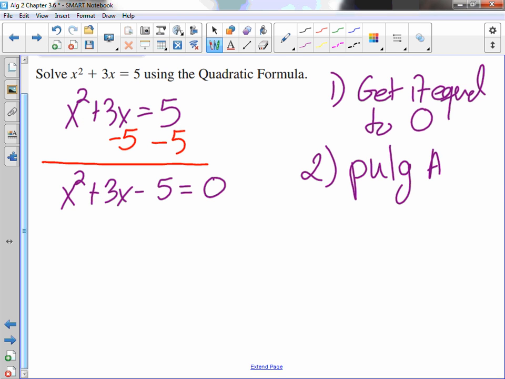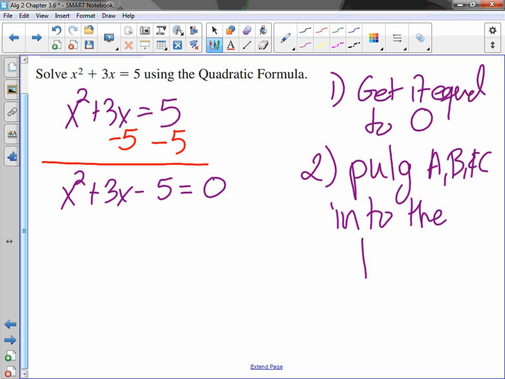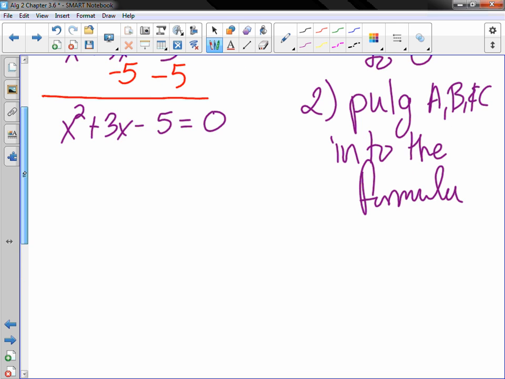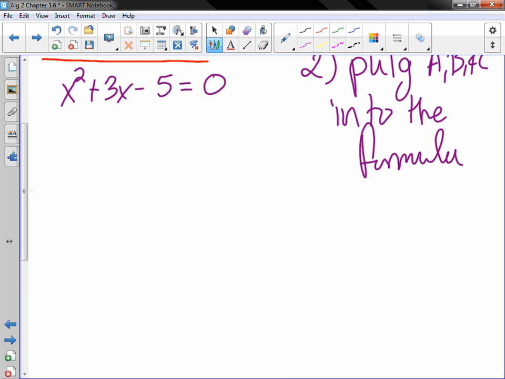Step 2: plug a, b, and c into the formula. Again, we look at this equation and reference it back to ax squared plus bx plus c.